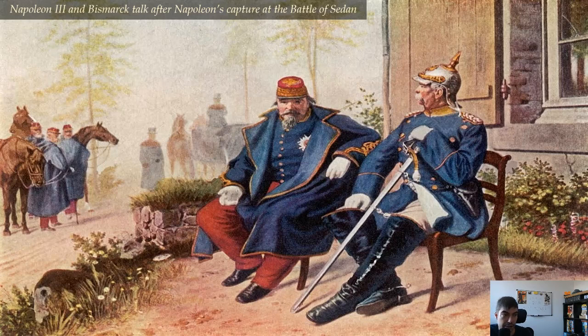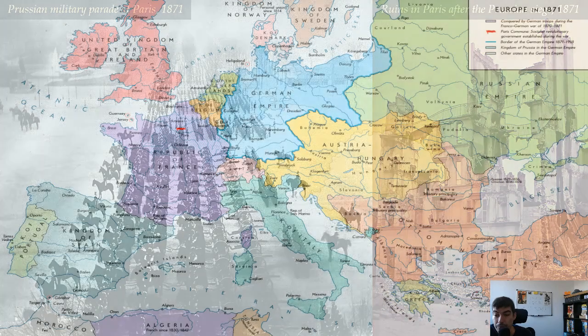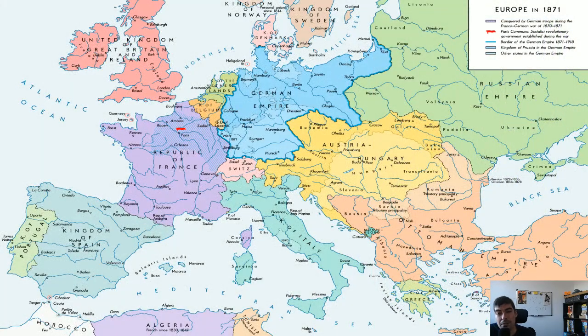And this precipitated the defeat of the French army. After that, the Prussians entered Paris. Here, this is a military parade in Paris, and after a brief siege against the Commune de Paris, la Comuna de París.